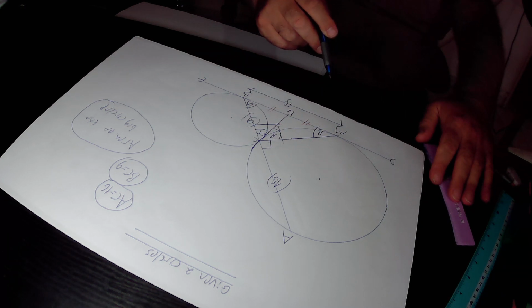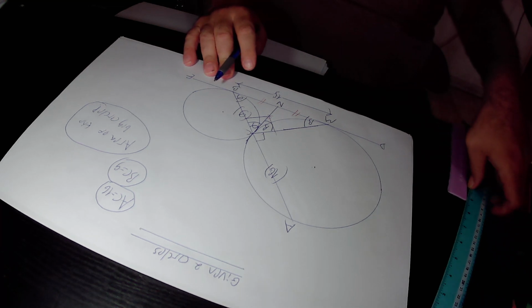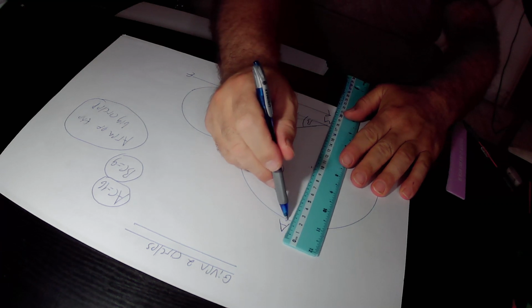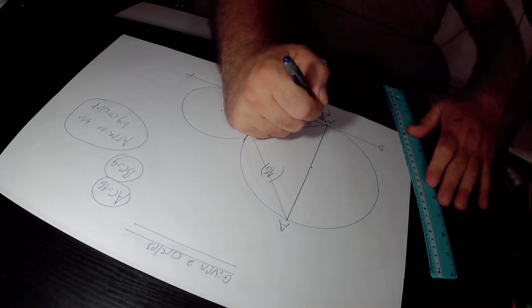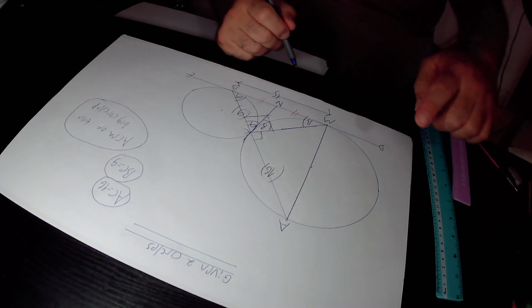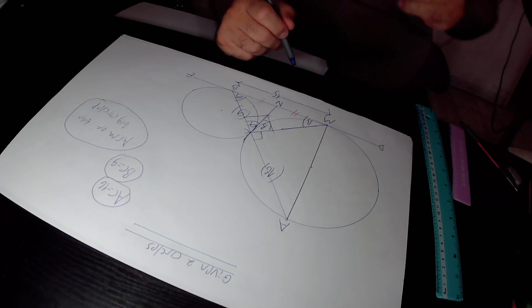In the next step, we'll join points A and M together by a straight line. By joining points A and M, we can deduce chord AM. Chord AM is a chord inside this big circle.